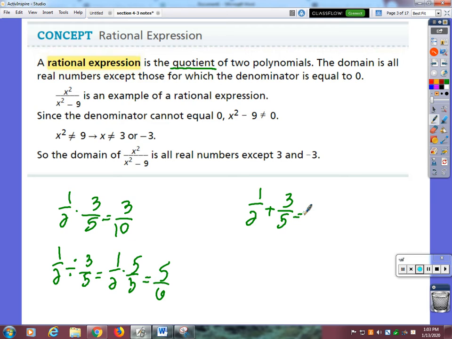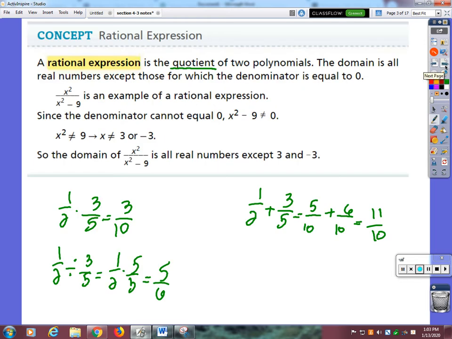So we're going to work on the multiplying and dividing first because it's pretty simple, and then once you get the hang of that, we will up the ante a little bit and deal with addition and subtraction. All right?